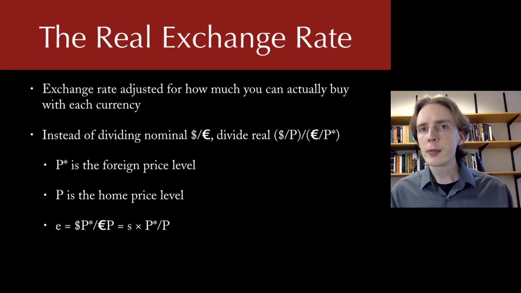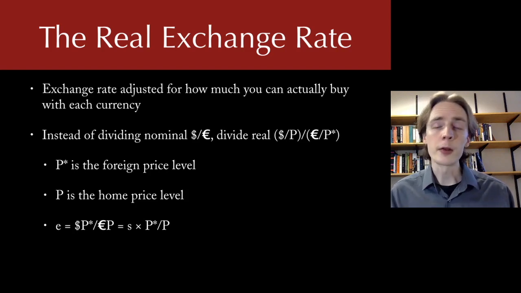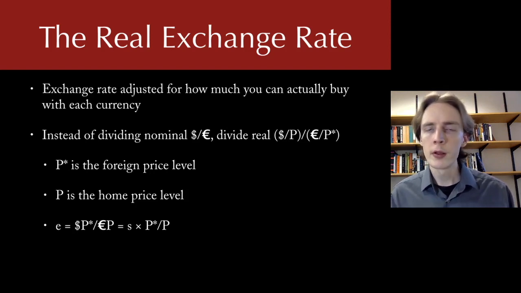But you're always going to be dividing dollars by the price level in dollars, and you're always going to be dividing euros by the price level in euros. And again, that's going to anchor you. That's going to help you keep track of which goes in the numerator and which in the denominator. As long as you remember that the home country currency always goes in the numerator, you'll be able to keep track of this if you remember the logic of how to get there.